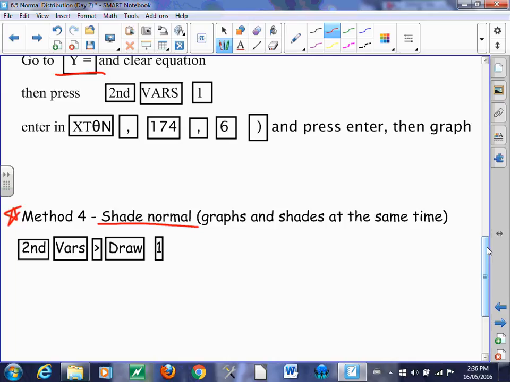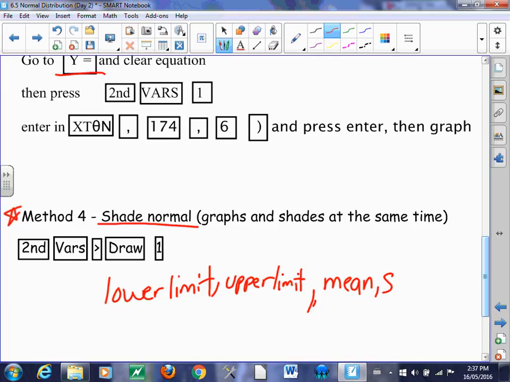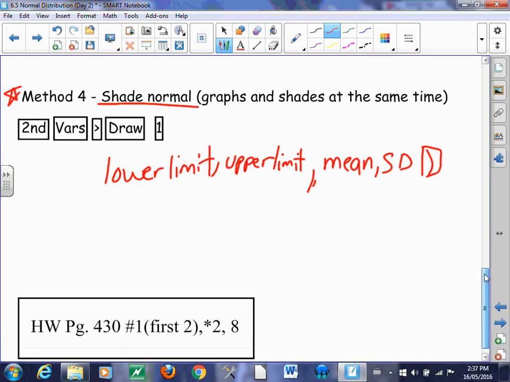Don't forget to enter in lower limit, upper limit, mean and standard deviation, and then closing bracket, and then that should help you get the answer. So try those out. Those are cool. Obviously, you need a graphing calculator to do this.